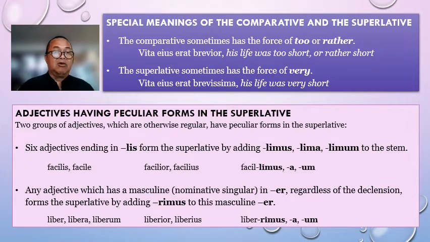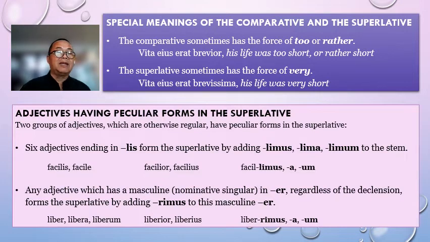As long as the masculine nominative singular ends in er, you will form the superlative degree by adding rimus, rima, rimum to the masculine ending in er. So you do not have to drop anything anymore. You will just add to the nominative singular ending in er.